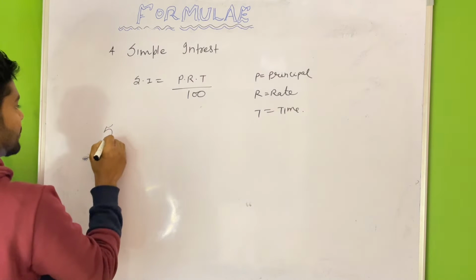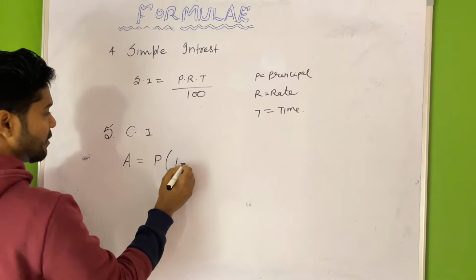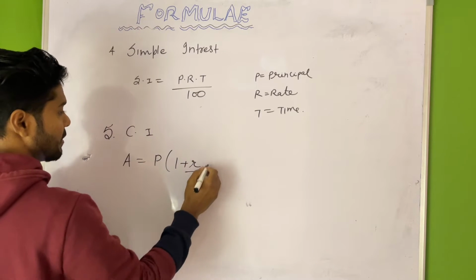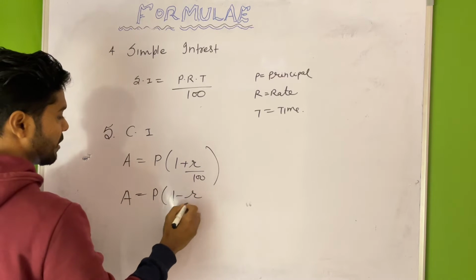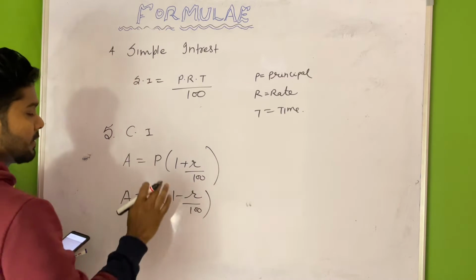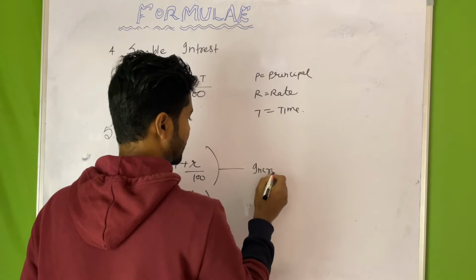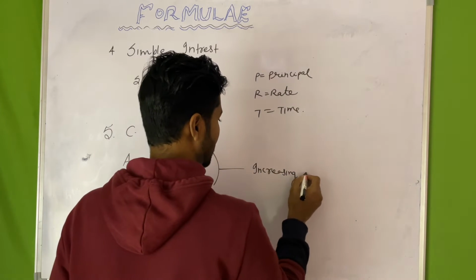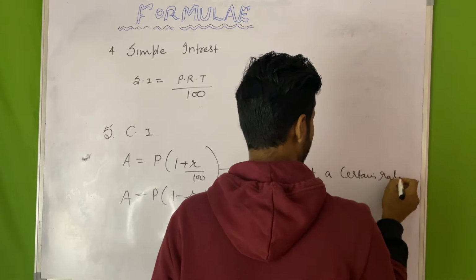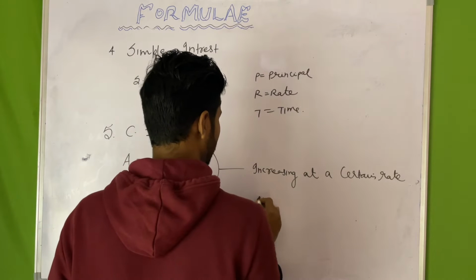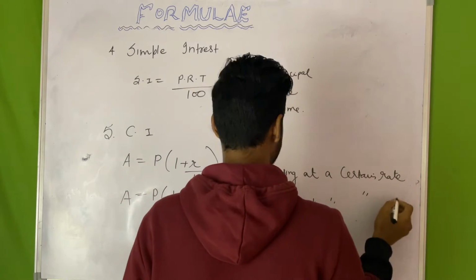And in compound interest, we have amount equals principal into (1 plus R upon 100), and amount equals principal into (1 minus R upon 100). The first case is for increasing, if something is increasing at a certain rate, and this is if decreasing at a certain rate.